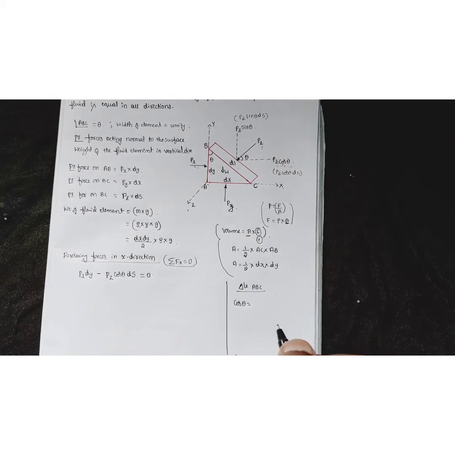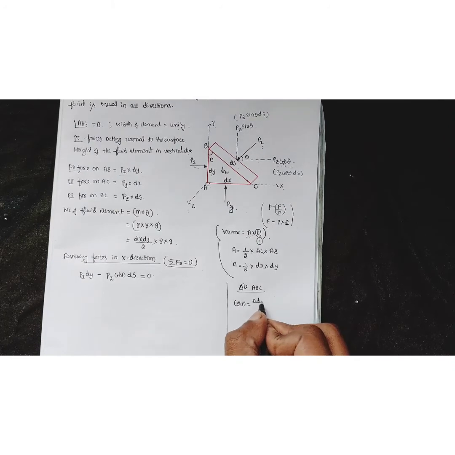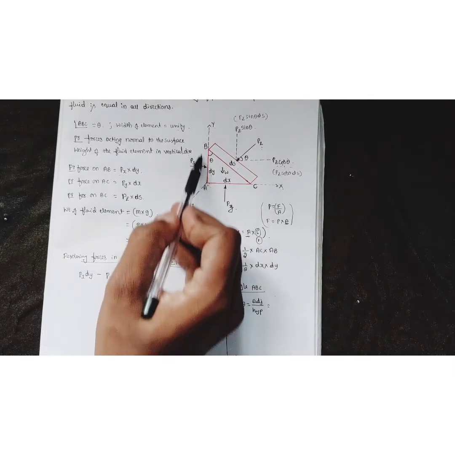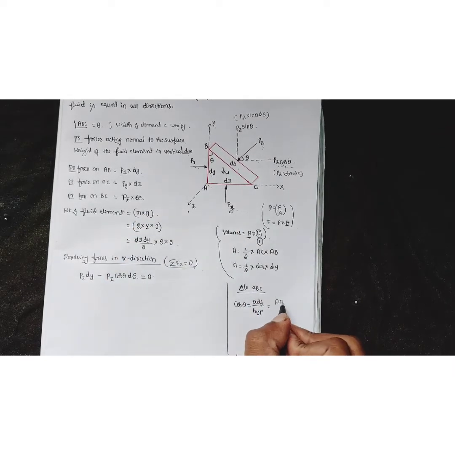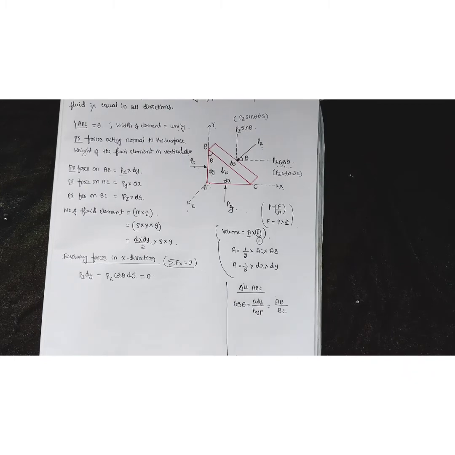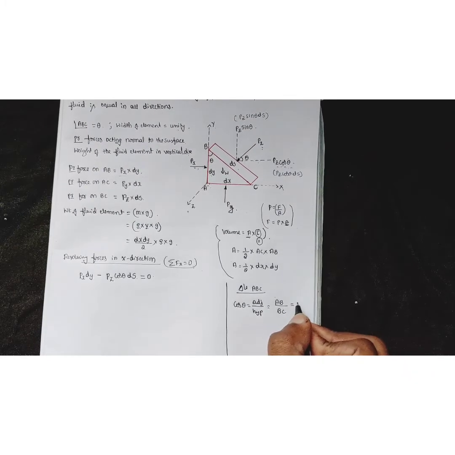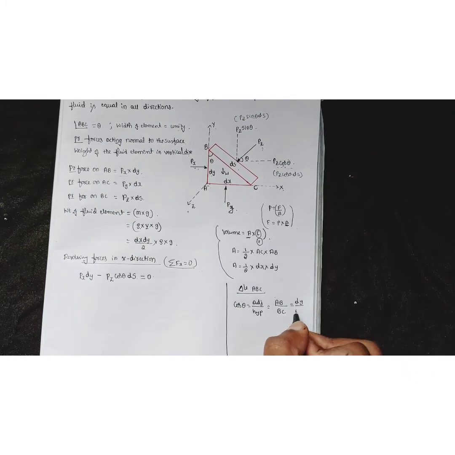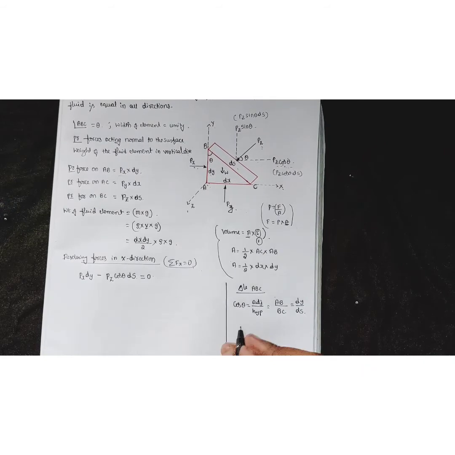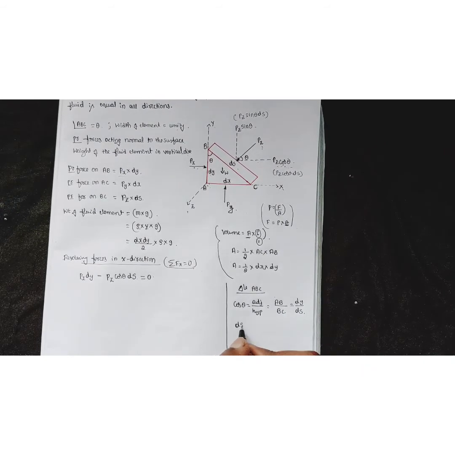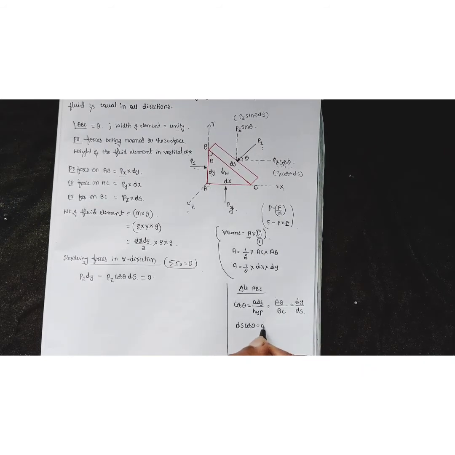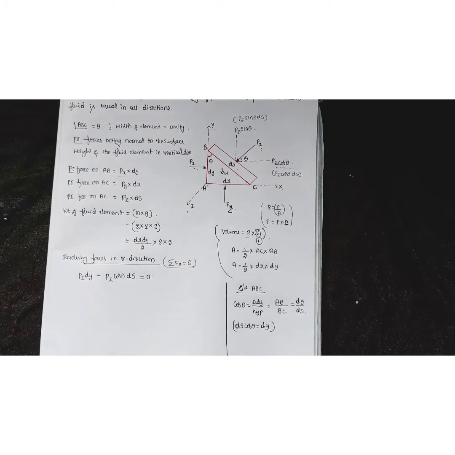By definition, cos theta is adjacent divided by hypotenuse. The adjacent side is AB and the hypotenuse is BC. The length of AB is dy and the length of BC is ds. Therefore, ds cos theta is dy.